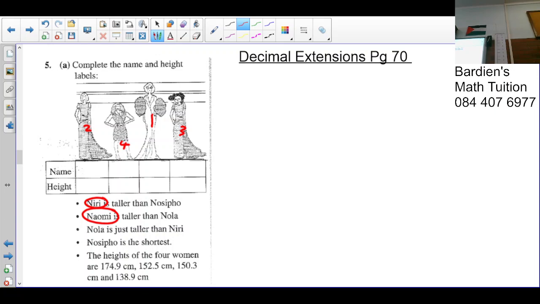Okay, well, let's put the names you have in first. What did you guys have here? Nola. You say Nola is the tallest. Okay. Let's just go with Naomi. And then?